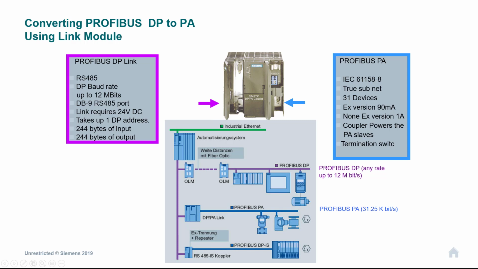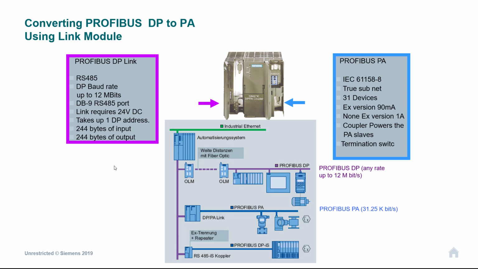So this header module here can cope with 244 bytes, which sounds a lot, but if you start putting things like Coriolis meters on there where you've got multiple process values, say if you want to bring back flow, total, density, temperature, each one of those is 5 bytes. So already you've lost 20 bytes from one instrument.